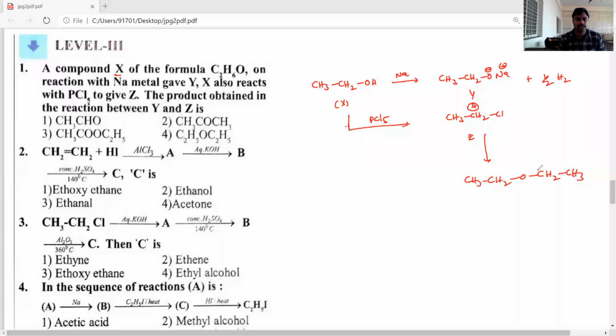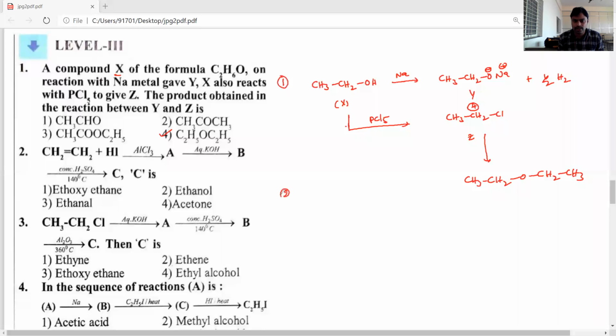C2H5-O-C2H5, diethyl ether. It means the alcohol C2H6O reacts with sodium metal and forms sodium ethoxide, and it reacts with PCl5 and forms ethyl chloride. Sodium ethoxide and ethyl chloride reaction means Williamson ether synthesis and produces diethyl ether. Okay students, very important conversion. Let's see the second question.